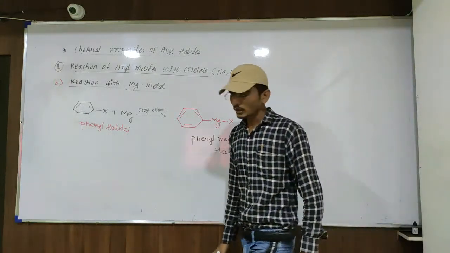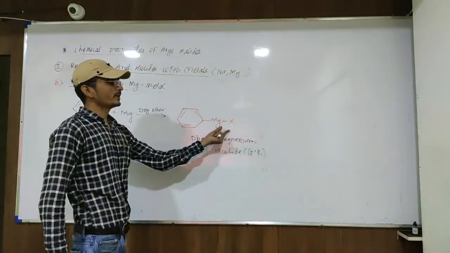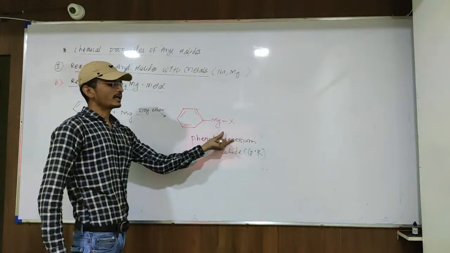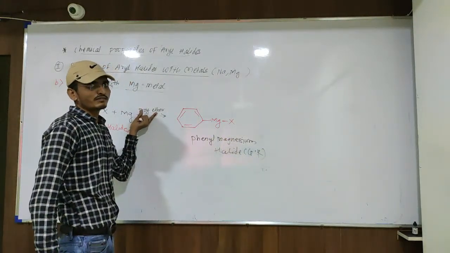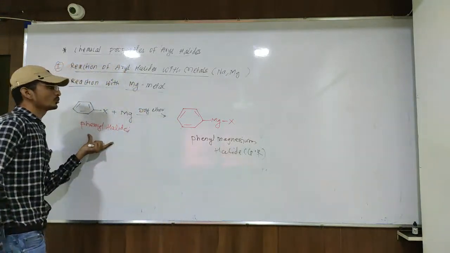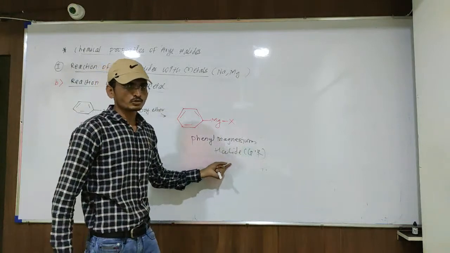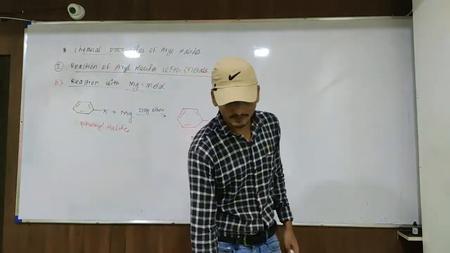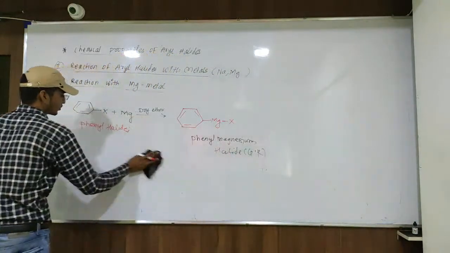Only halides of bromine and halides of iodine show reaction in the presence of dry ether. But if you want to prepare phenyl magnesium chloride, then there is a use of some different solvent. That solvent is nothing but tetrahydrofuran.